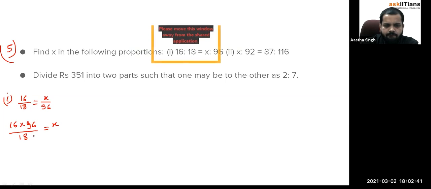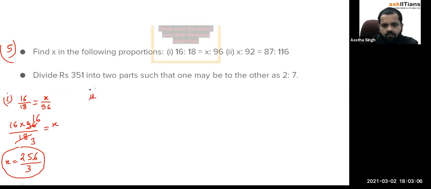Cut by 6: 6 3s are 18, and 6 16s are 96. So 16 into 16 will be 256 by 3. X will be 256 by 3.